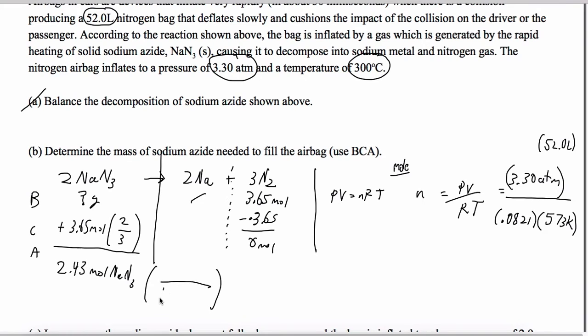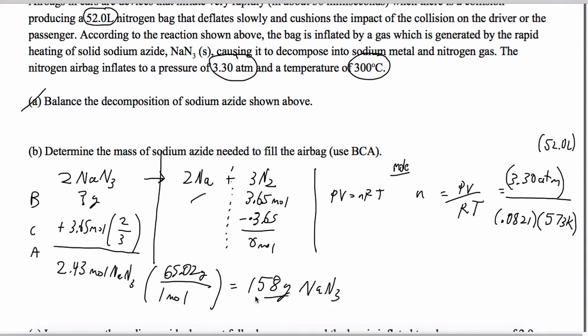So 1 mole of sodium azide is sodium plus 3 N's, 14 times 3 plus 23. What's the molar mass though? 65.02 grams, leaving me with a mass of 158 grams of NaN3.